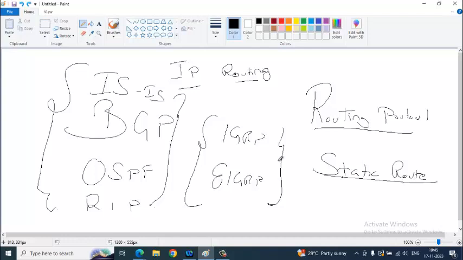So what I'm trying to say here is, for a small network like 2-3 routers, very well you can go with static routes, because with only 2-3 routers you can easily configure routes.